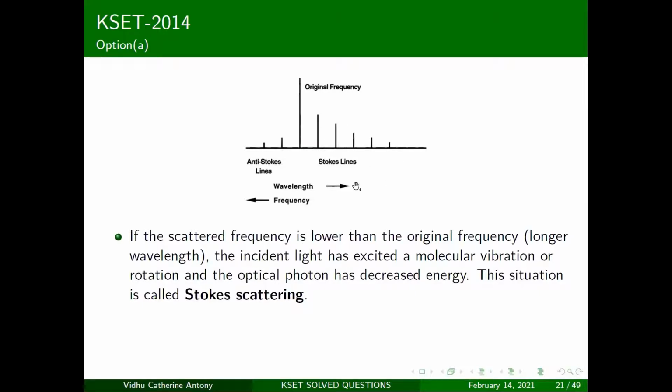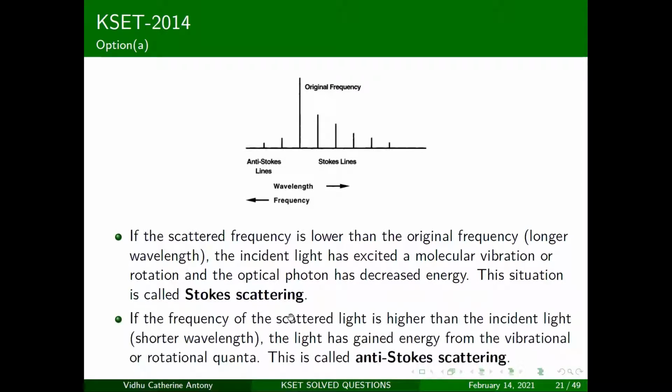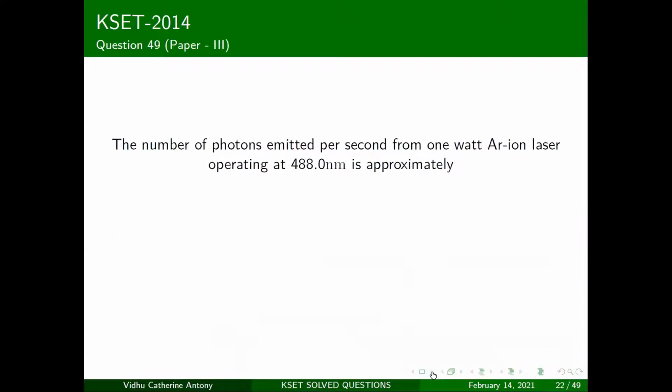This is the lower frequency region, or the longer wavelength. If the frequency of the scattered light is higher than the incident light, so the wavelength is shorter and the frequency is higher, the light has gained energy from the vibrational rotational quanta, and these are the anti-Stokes lines that you see.